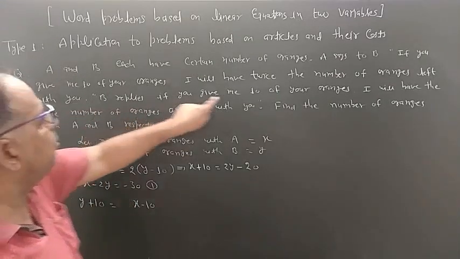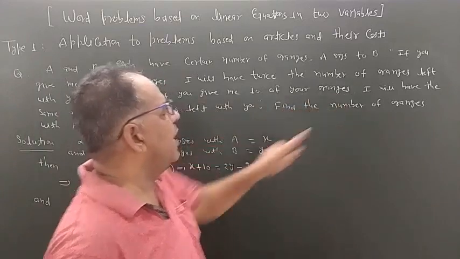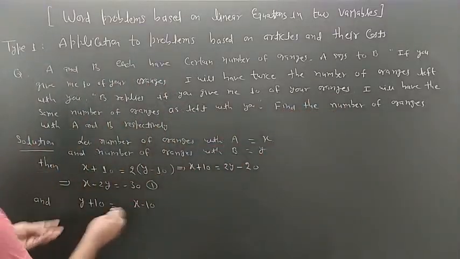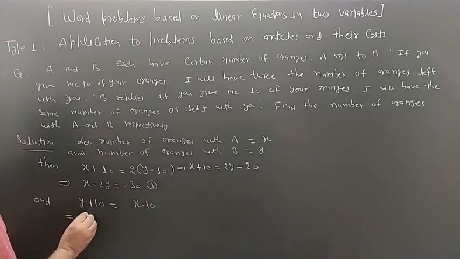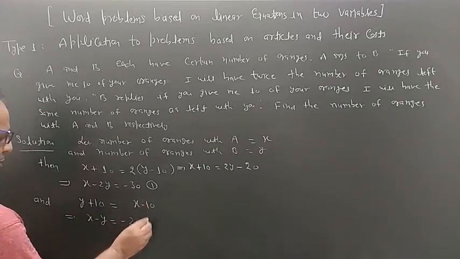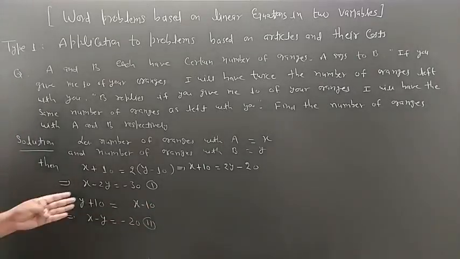B replies, if you give me 10 of your oranges, I will have the same number. So both become the same now. So now the equation becomes X minus Y equal to minus 20. So now we have equation first and equation second, and we solve.